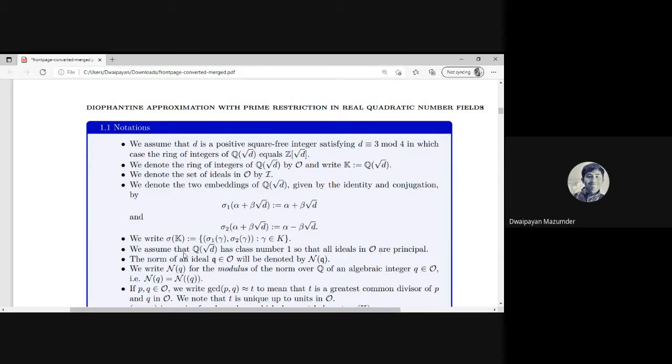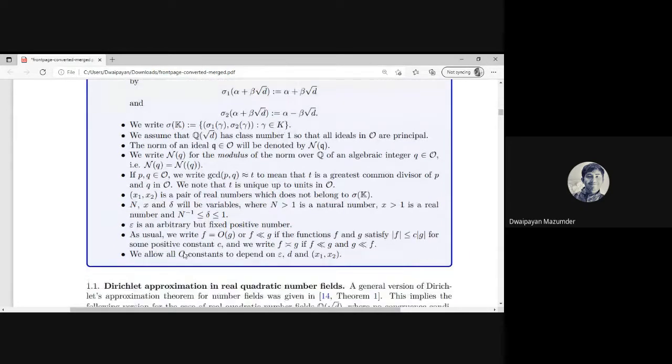And we will denote the ideal by its generator, with an approximation sign because it holds up to a unit. You will also take some variables delta and x, where the inverse of the scaling is less than or equal to delta, which is less than or equal to 1, with big constants and epsilon an arbitrary but fixed positive number.